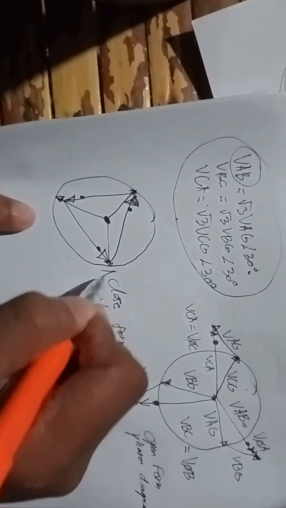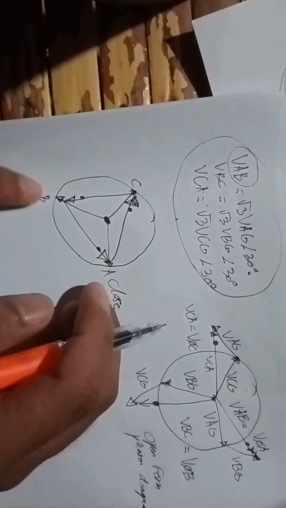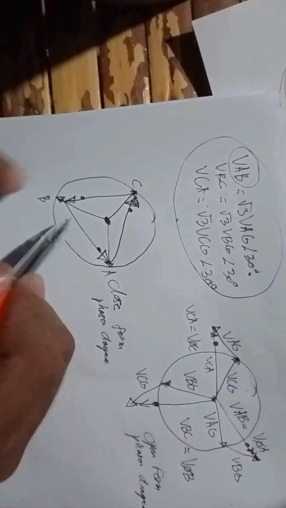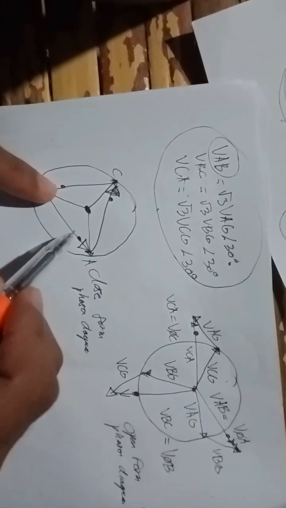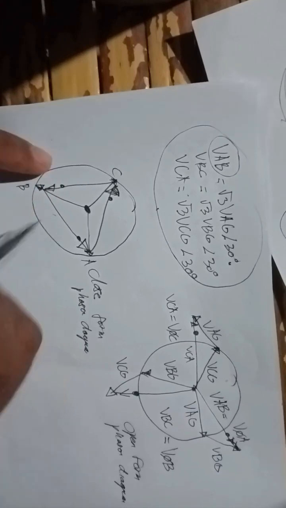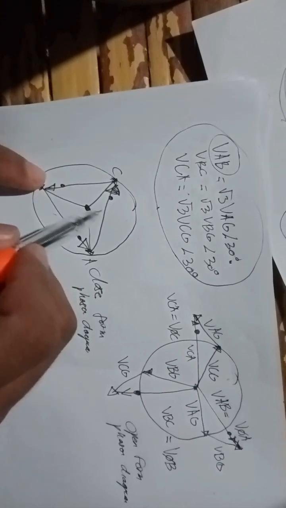We have our A, our B, our C. Here is A, then VAB, then VCA, then VCG.